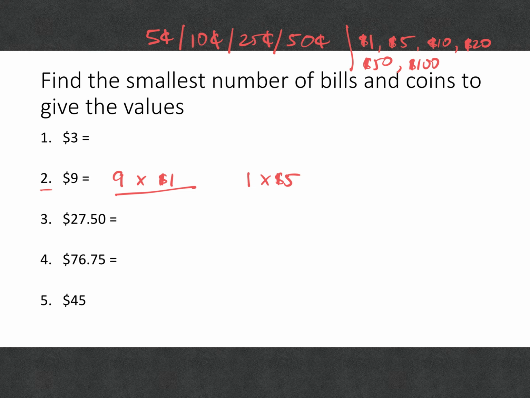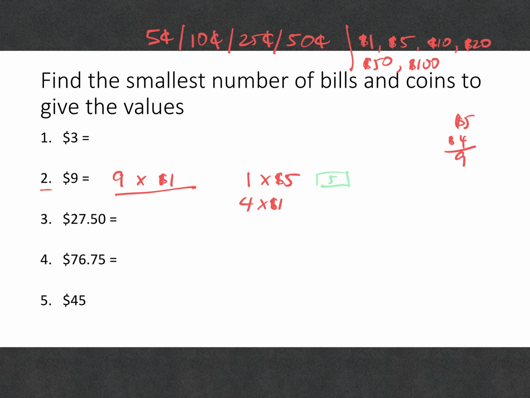It is midnight. Let me just draw it out for you guys. So 1 $5 bill, right? So you guys see one green $5 bill, but then we have no choice. We have to use 4 $1 bills. So this will be equal to $5, and 4 $1 bills will be equal to $4.